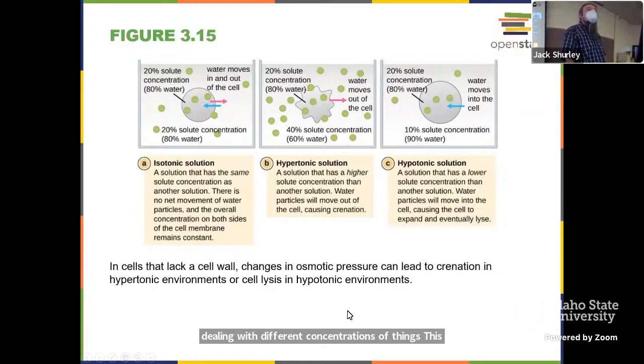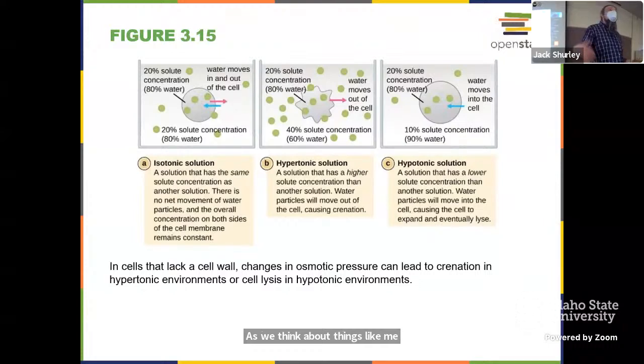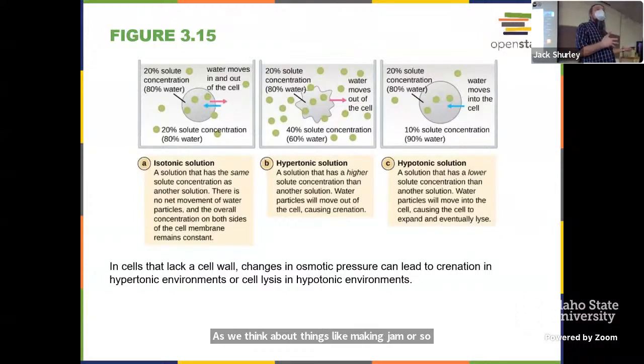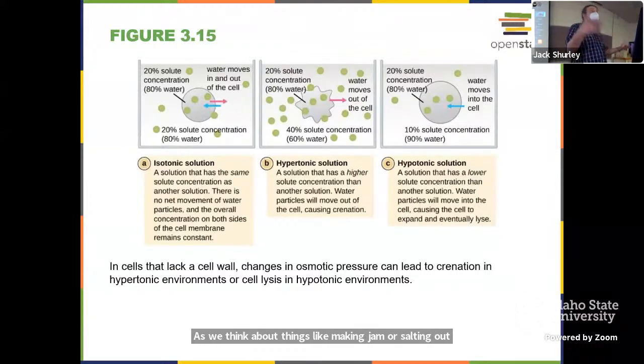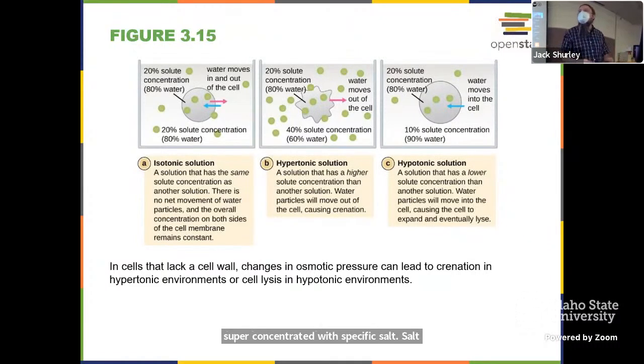As we think about things like making jam or salting out meats to preserve them, even drying them, making jerky and things like that. All of those make whatever it is that we're trying to preserve super concentrated with specific solutes, salts, sugars, something like that, right? And that gets very inhibitory to organisms, especially things like bacteria.